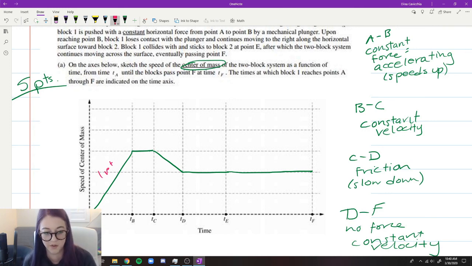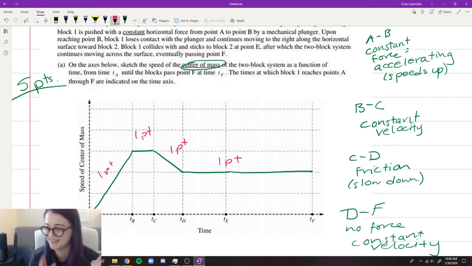Basically, you got 1 point for drawing this sloped line here with a positive slope. You got 1 point for drawing this 0 slope line. You got 1 point for drawing a negative sloped line from C to D. 1 point for drawing D to F, all horizontal.